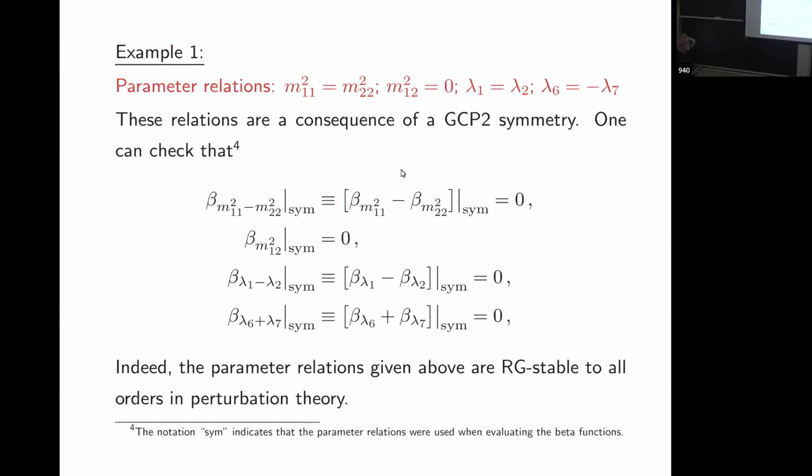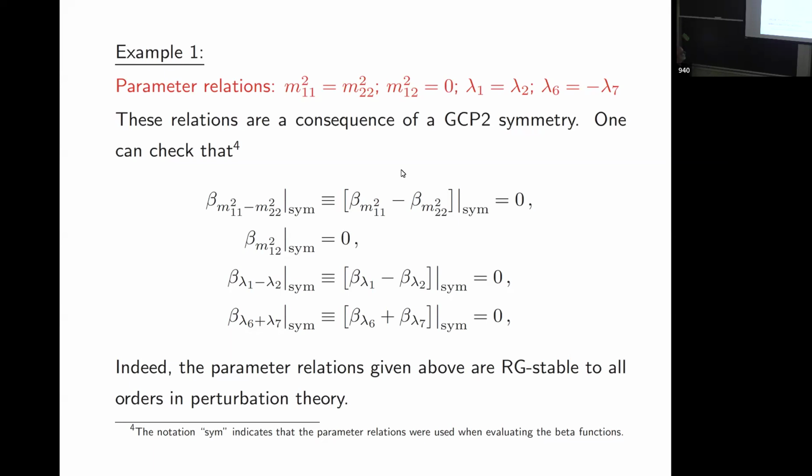So let me do two examples explicitly. So here was a parameter relation which came from GCP2. It sets M11 squared equal to M22 squared, M12 squared equals 0, lambda 1 equal lambda 2, lambda 6 equal minus lambda 7. And now here are the beta functions, and when I write the beta function of M11 squared minus M22 squared, that's the thing that's 0 with this parameter relation.